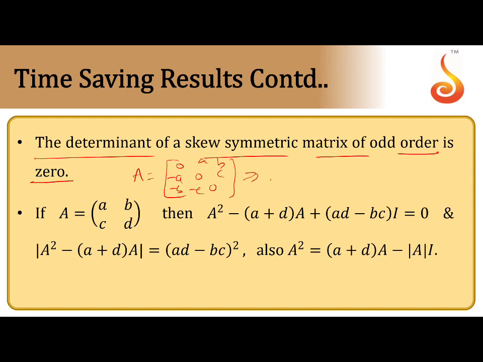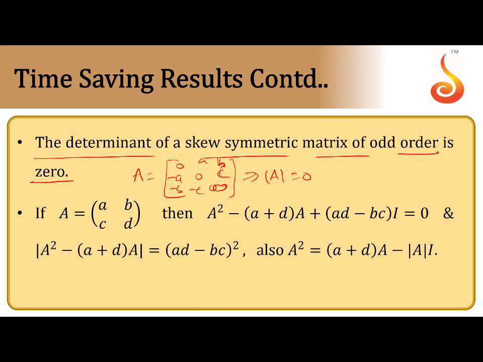Then det A equals 0. It is clearly a 3 by 3 skew symmetric matrix of odd order. If you find the determinant, you will get the answer 0 only. So that is one property: the determinant of a 3 by 3 skew symmetric matrix of odd order is always 0. Sometimes it is very helpful in solving objective questions.